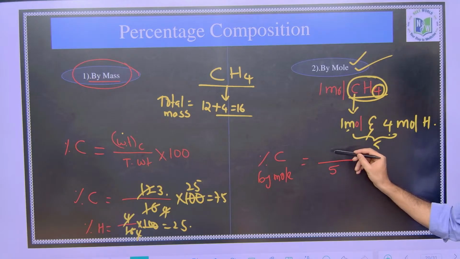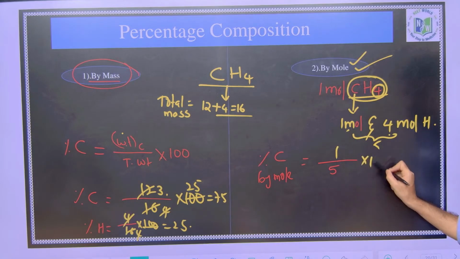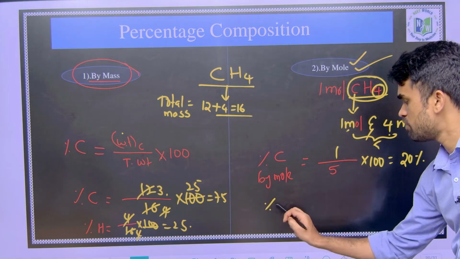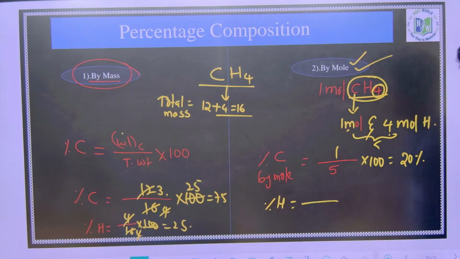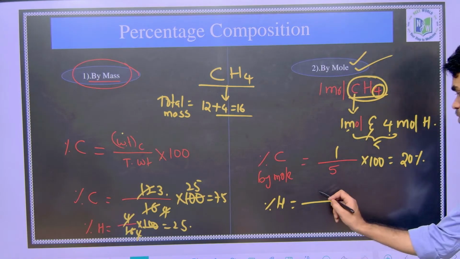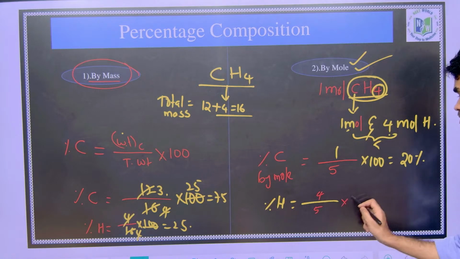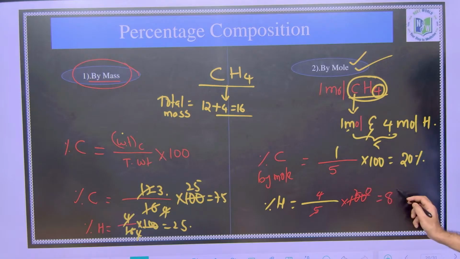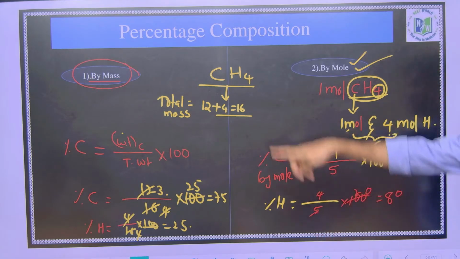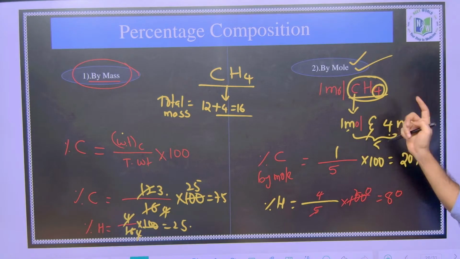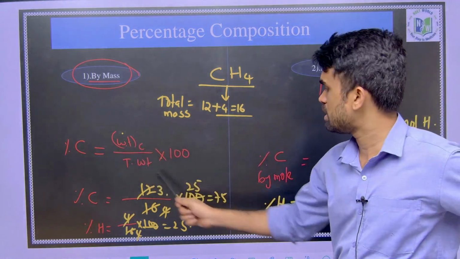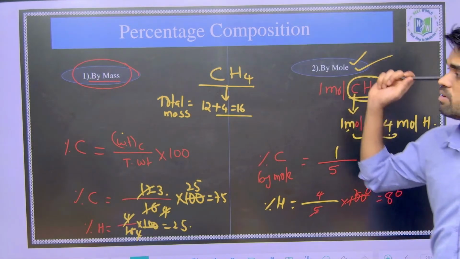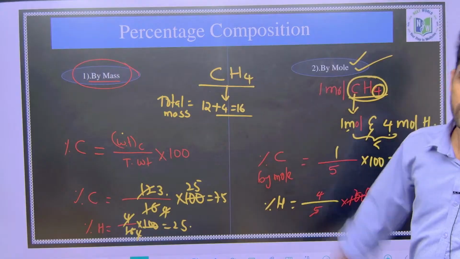Here 1 into 100, so we get 20%. Next, percentage of hydrogen by mole is 4 by 5 into 100, so it will be 80%. See, there is a complete difference in the answers by mass and by mole. By mass, carbon is almost 75, but here it is just 20. So be careful what type of question they are asking. Okay, write this.